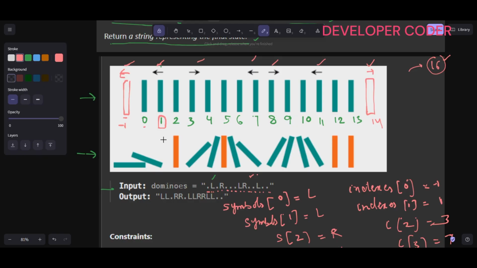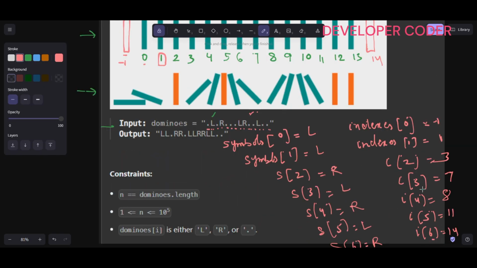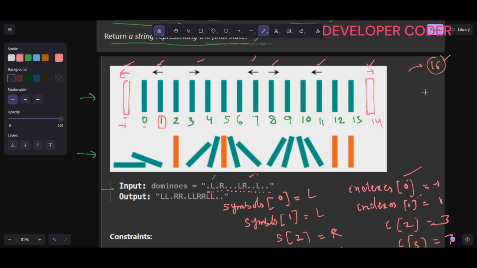So here see indexes, if there is a movement on all of these. Right now there is only movement until here, only 6 dominoes, but if there is a movement on all of them, that is why I'm going to create these indexes and symbols arrays of size n plus 2, because we have values until 15.